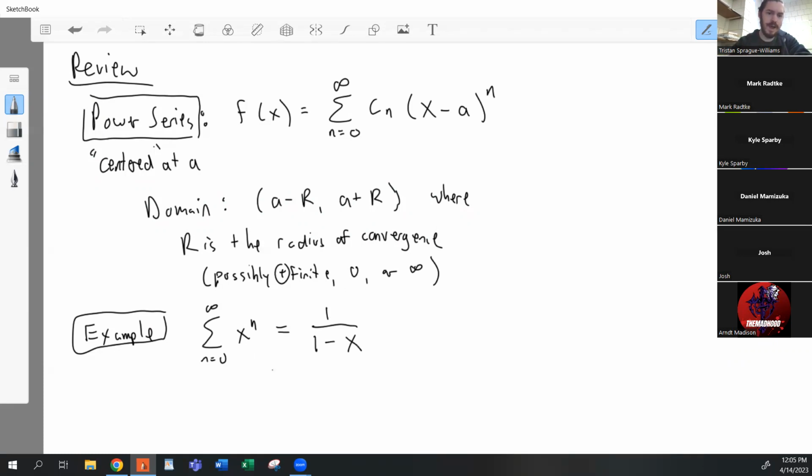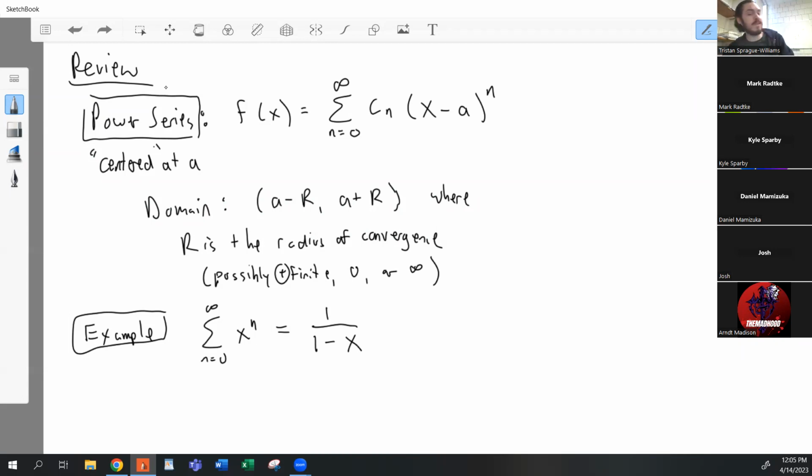So that example introduced the concept that regular old algebraic functions can be equal to a power series, but only on the specific interval around the center.